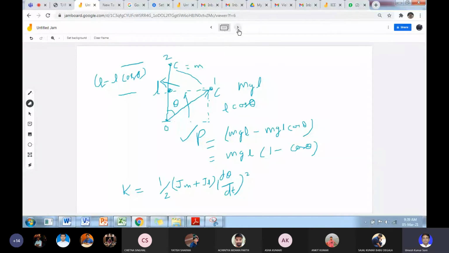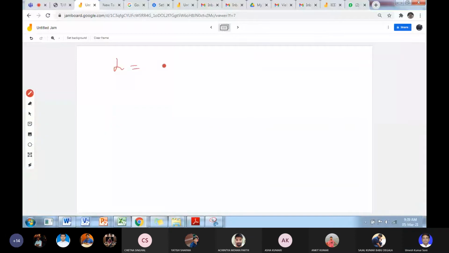So the Lagrangian is given by kinetic energy 1/2 (Jm plus Jl)(d theta upon dt) square minus mgL(1 minus cos theta).